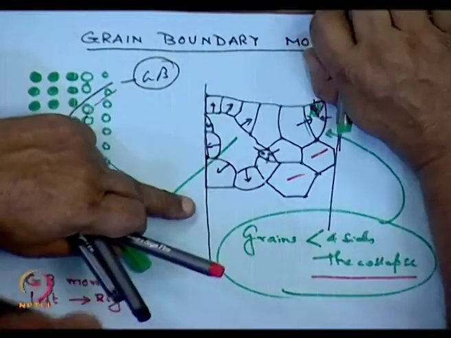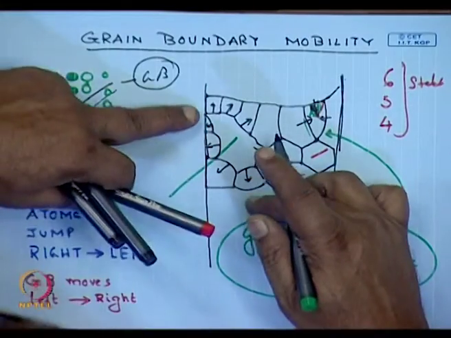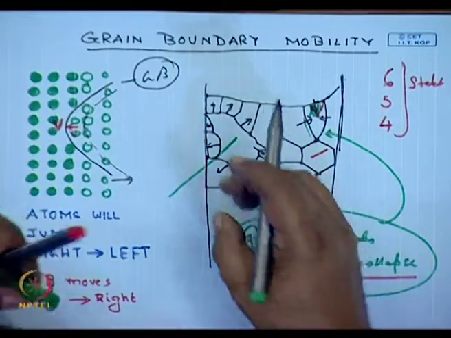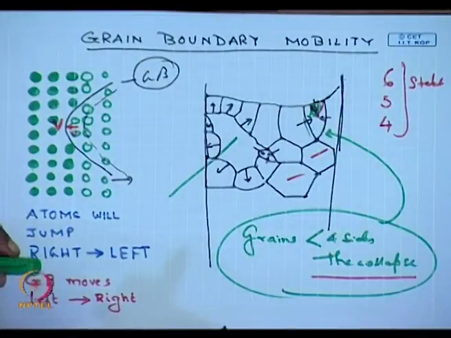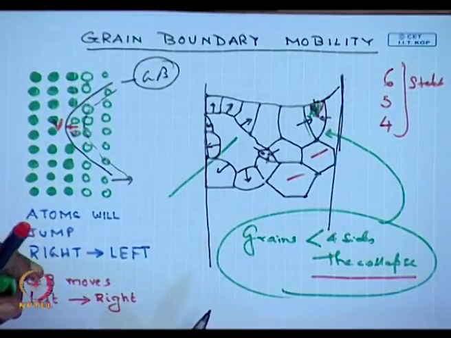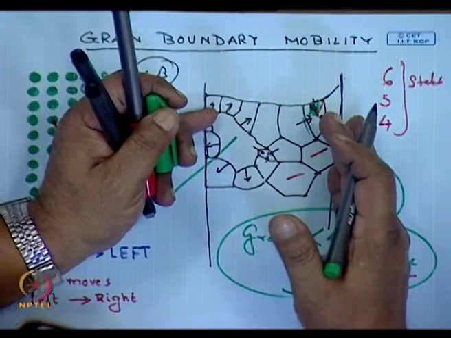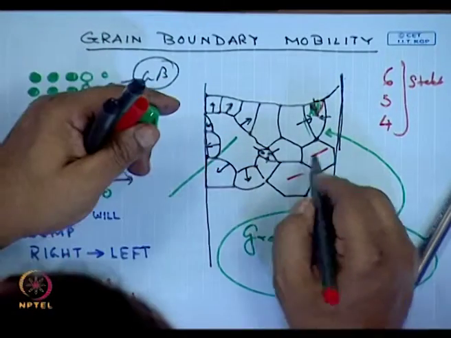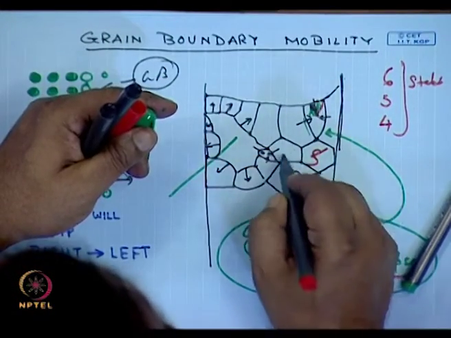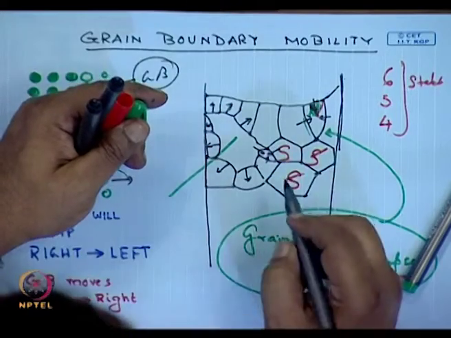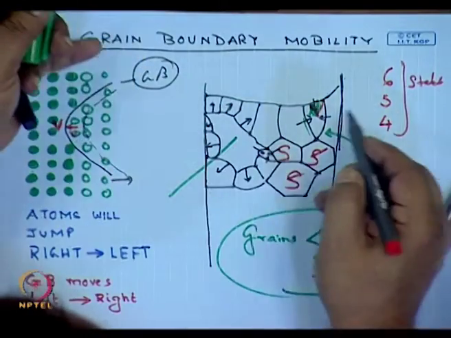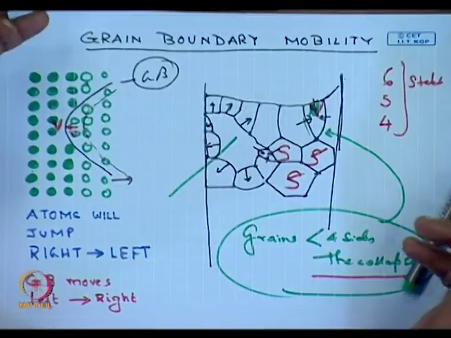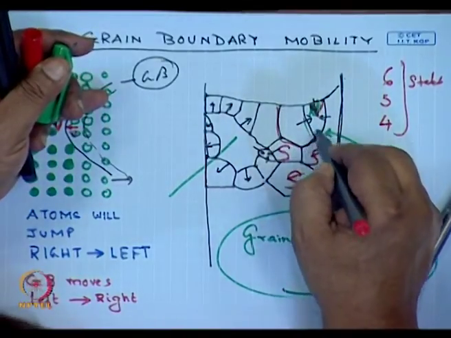These will be pulled apart, all these smaller grains get eaten up, and this grain grows to a very large size. As a result, if I am just taking this particular case, I will have a mixture of microstructure. This grain is stable, this grain is stable, this grain is stable, all others they vanish, and I get very, very large grains.